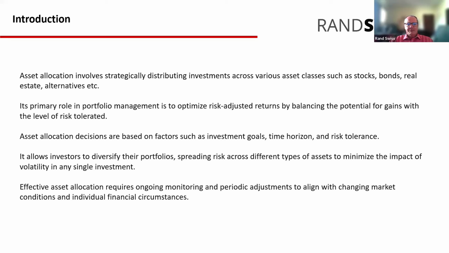Then secondly, its primary role in portfolio management is to optimize the risk-adjusted returns by balancing the portfolio for gains within a level of risk tolerated. All right, so again, very boring, a mouthful, but all that we're trying to say here is it's risk-adjusted.